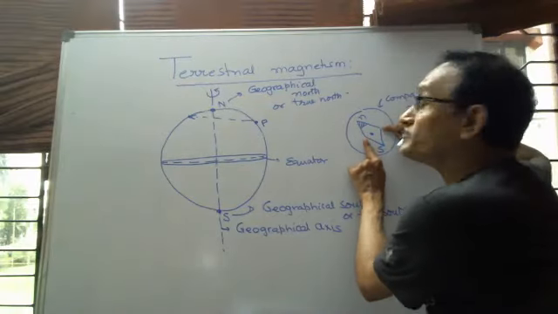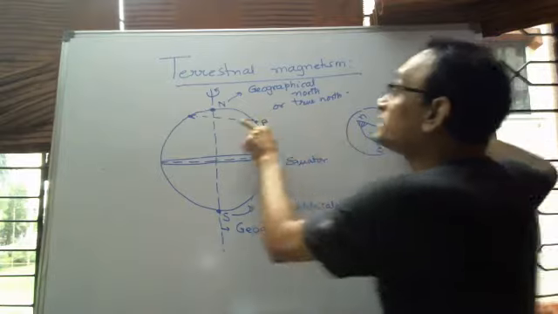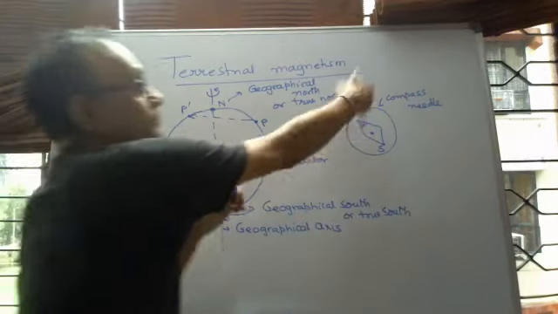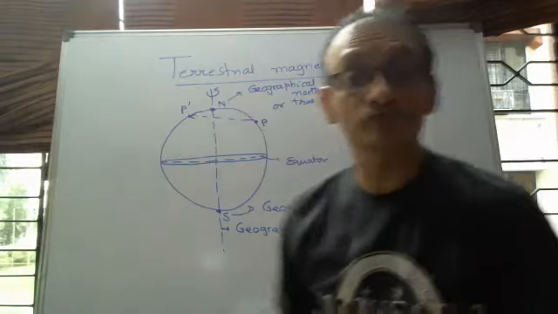The deflection of this needle, you will reach some other point. You would reach, say, some P prime instead of the North Pole.